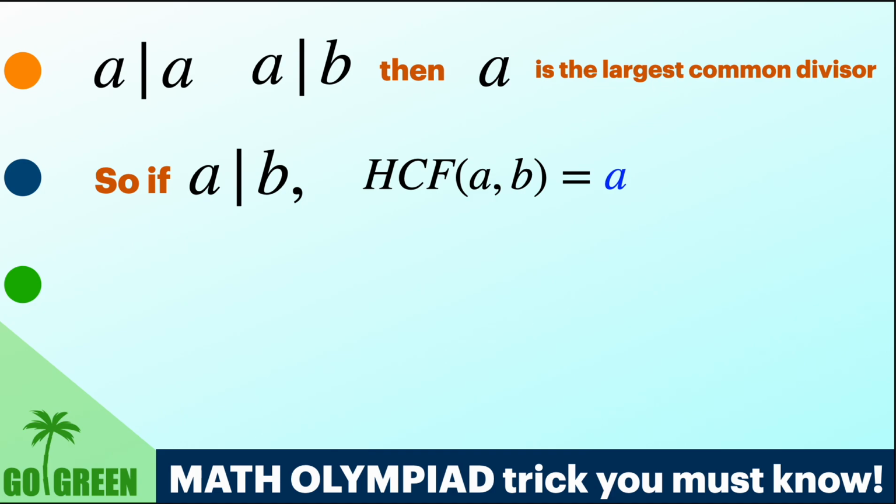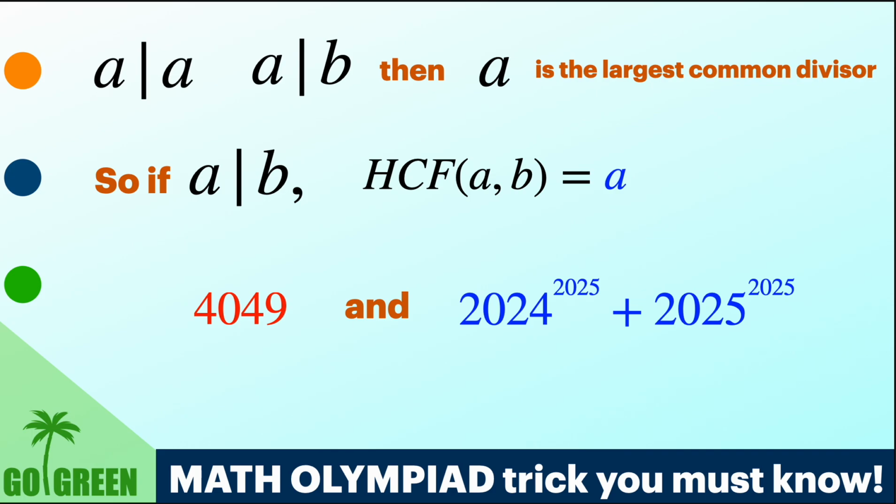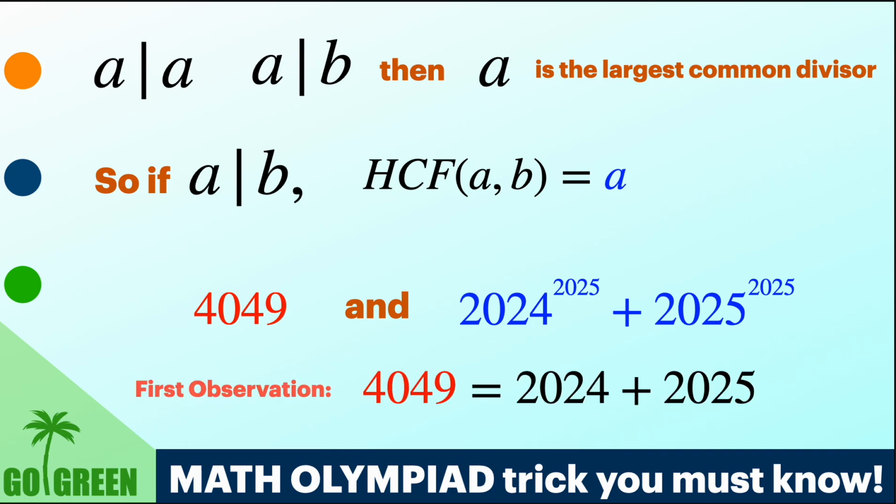The smaller number A. Now coming back to our numbers, 4049 and this big number, 2024 to the power 2025 plus 2025 to the power 2025, which is a very, very big number. The first observation we want to make here is that 4049 is the sum of the bases, 2024 plus 2025. This is an important observation.